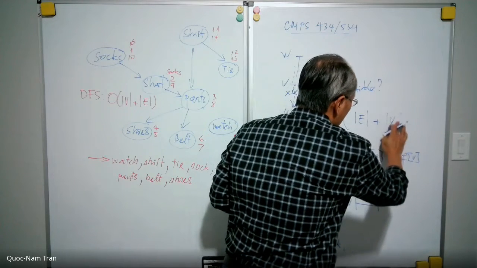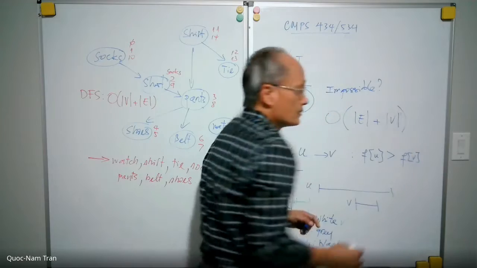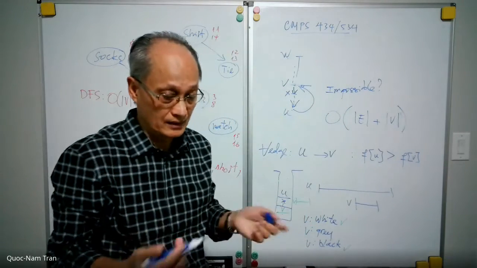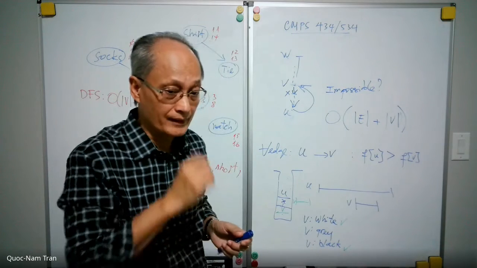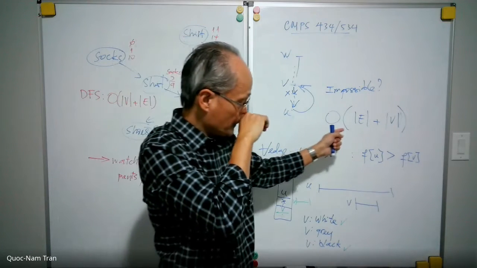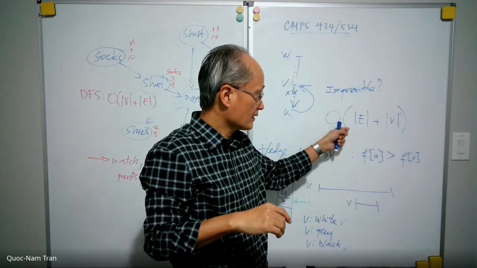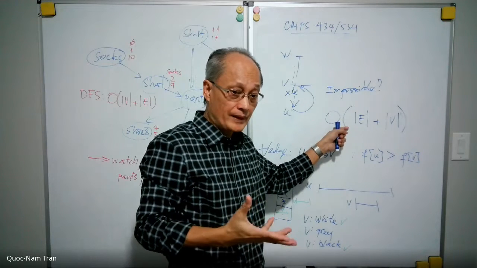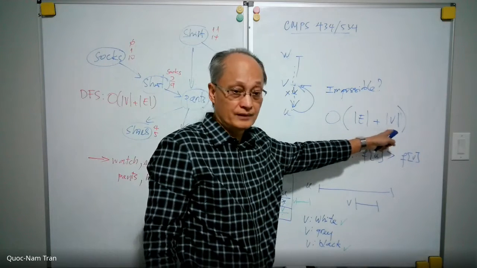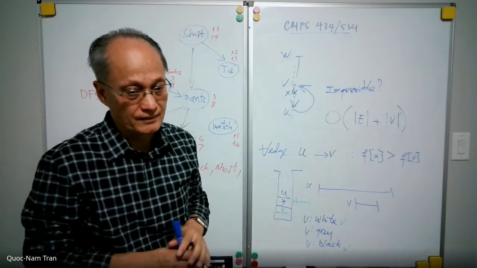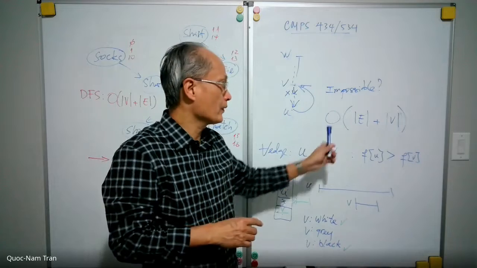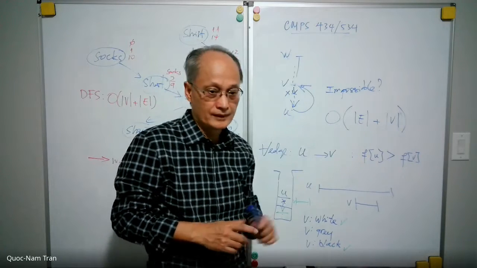So usually the number of edges can be up to the number of vertices squared, right? So that's the biggest complexity would be big O n squared, where n is the number of vertices. But in the real world, the number of edges is very small, right? So that's why we always use this formula.